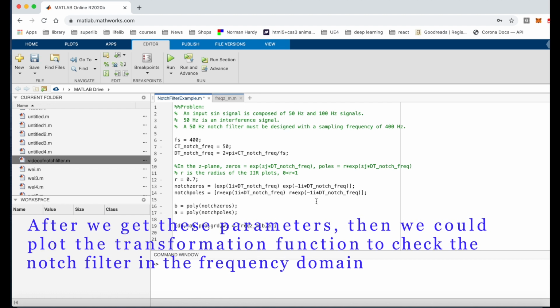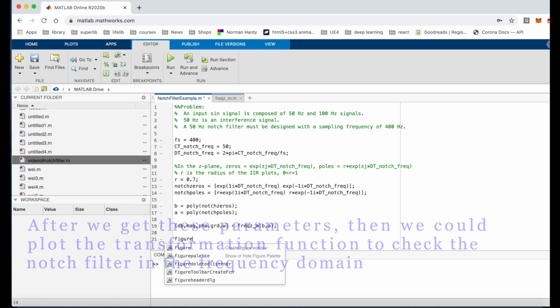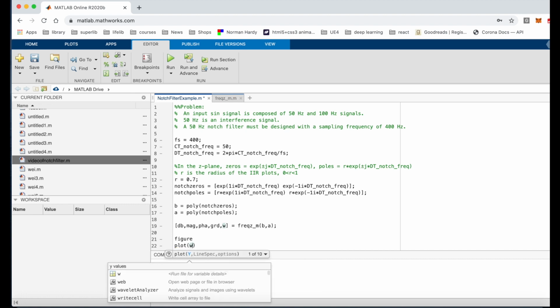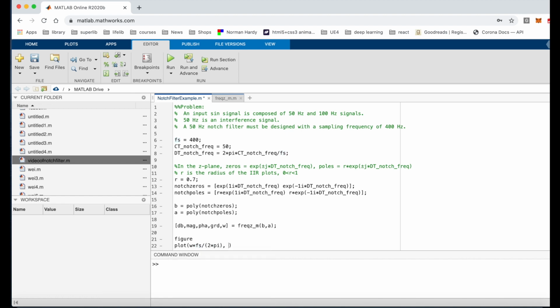After we get these parameters, we could plot the transfer function to check the notch filter in the frequency domain. Figure, plot omega times fs divided by 2 pi. The y-axis is dB.